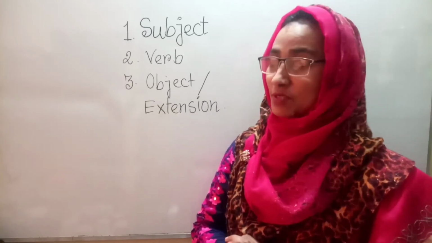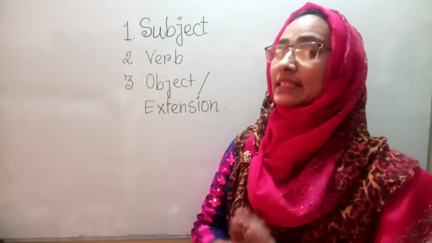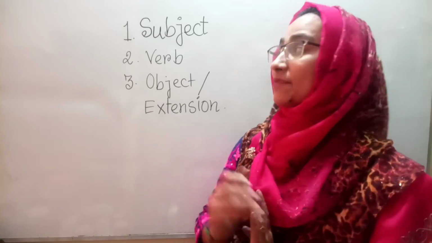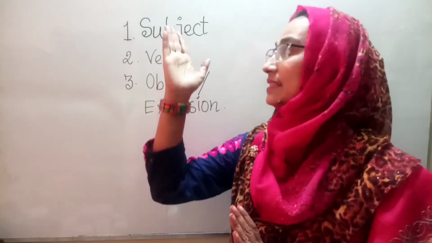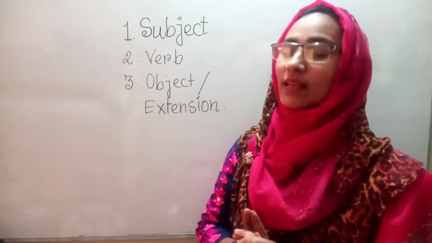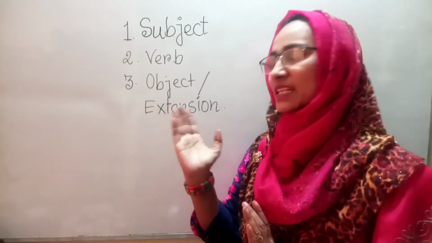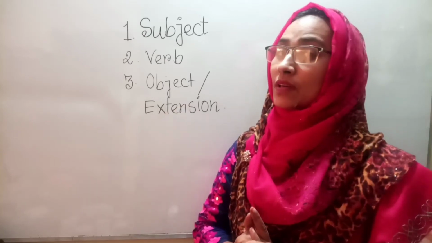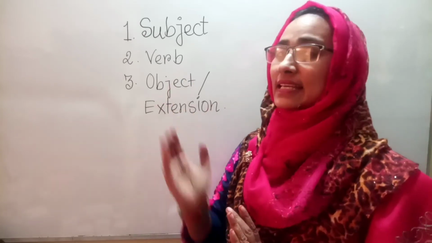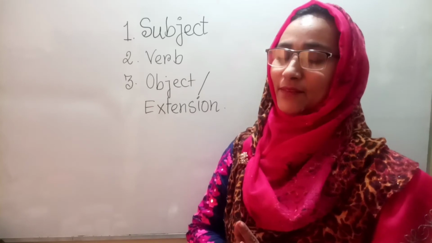Because in a substitution table, you will get 3 columns. In the first column, you will get subject, in the second column, verb and in the third column, you will get object or extension. So if you don't know about these things, you cannot make a meaningful sentence.